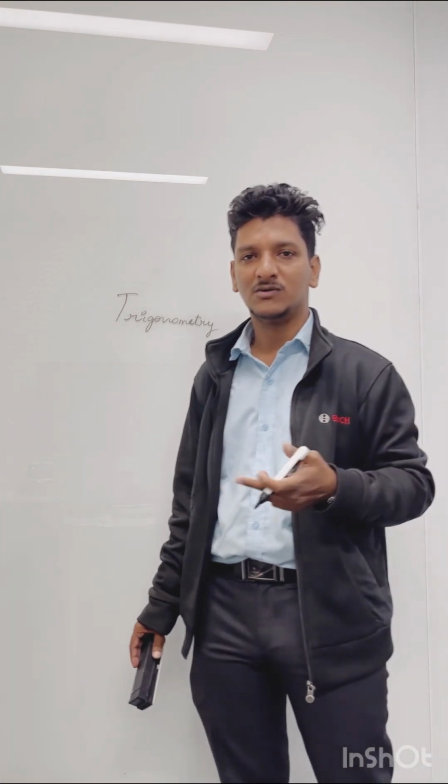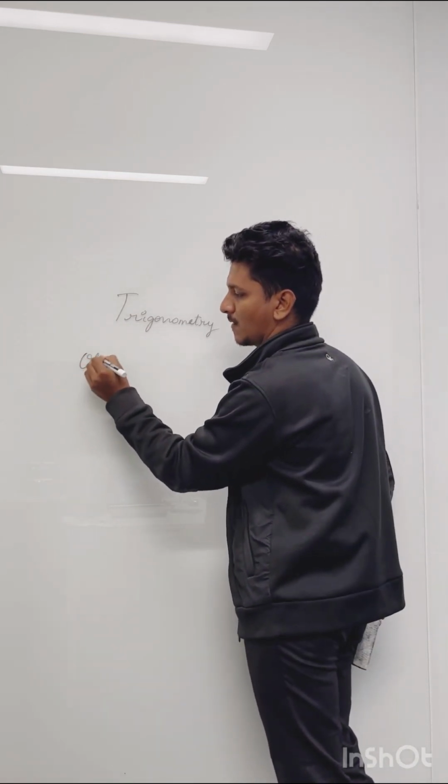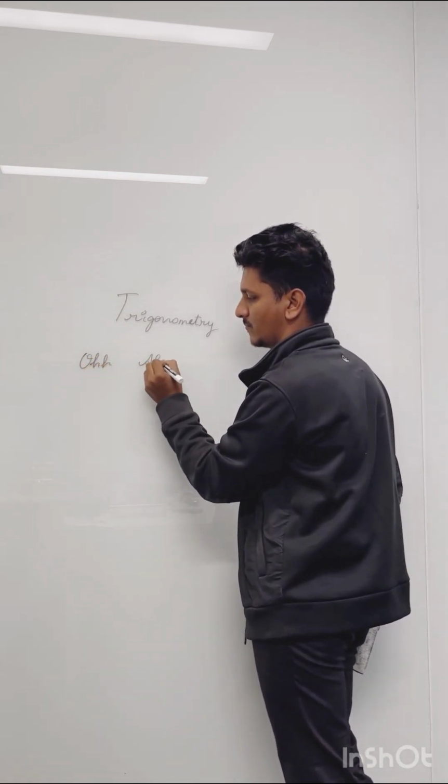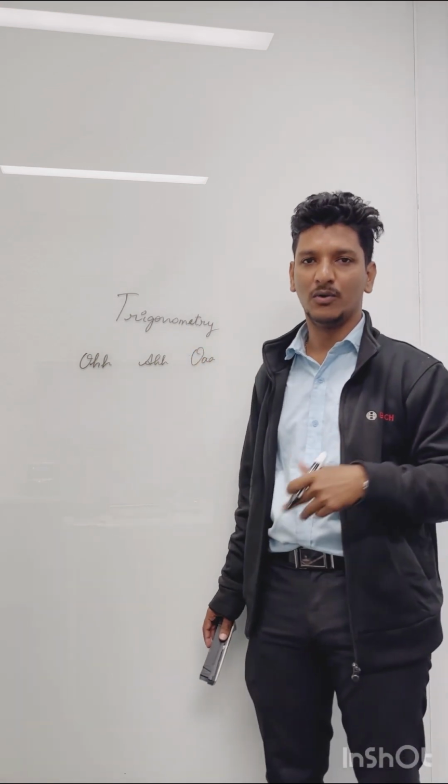What I have seen is that students will have doubts in remembering the things. So what I feel is that they have to create some trick in order to remember things. For example, this was a trick which was used by me in order to remember sine theta, cos theta and tan theta. It is OA.